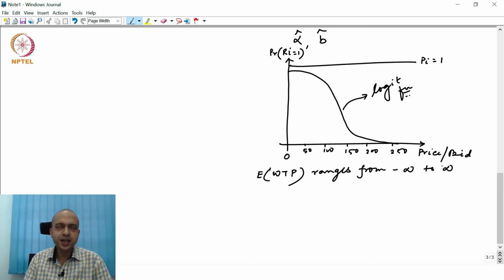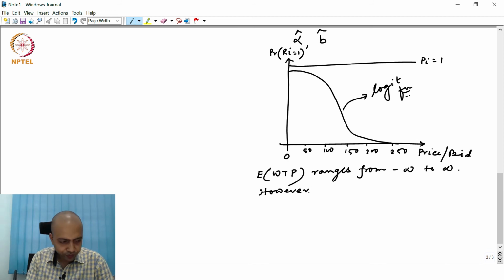But you can understand that negative willingness to pay does not make any sense. However, willingness to pay is non-negative.